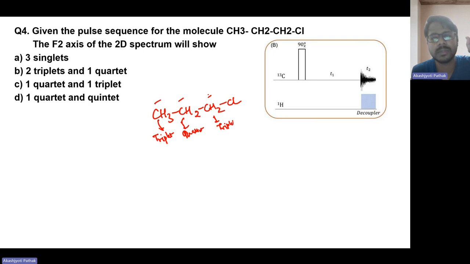But here you have to apply the concept of doublet, triplet of triplet. Those concepts you have to apply here. But you have to understand that here the protons are decoupled. So the correct answer will be what for this question?